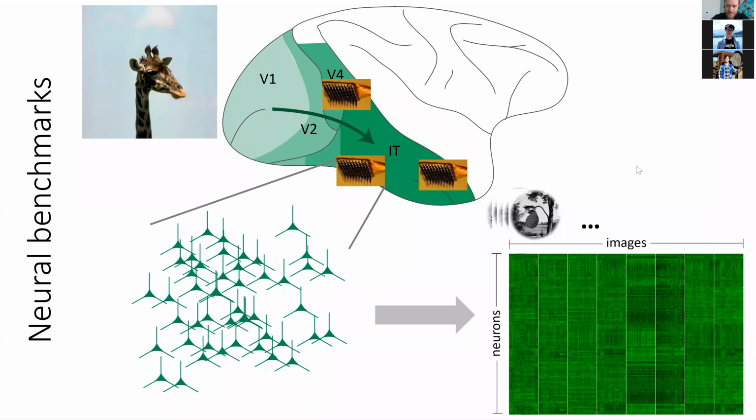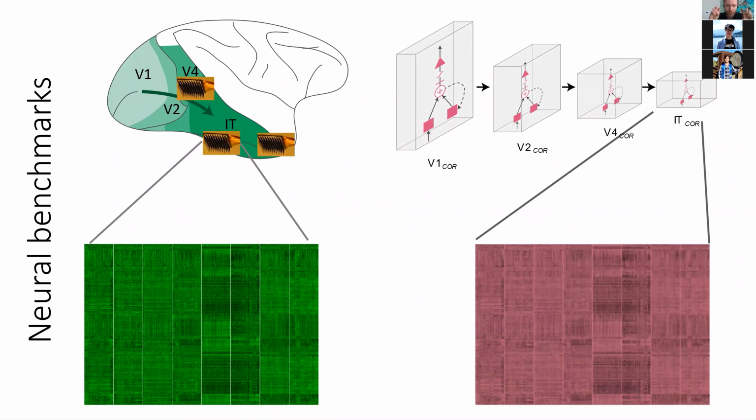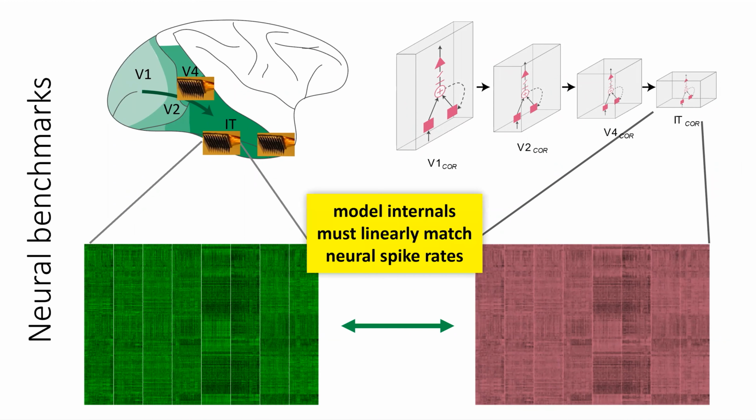Right. So we can again do the same thing in the model now, where we originally record from the model, which just means we extract the activations at different parts of the network. And then we again ask, how closely does the model match the brain? Here we ask, how closely do the recordings or the internals of the model match the recordings that we get from non-human primates?